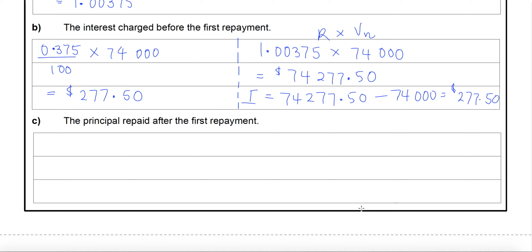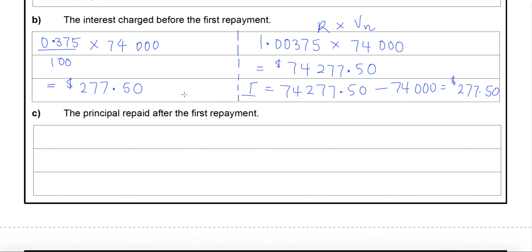So if we have a look at the principal repaid, this means how much have you paid off the loan? So we're going to use that phrase a fair bit, principal repaid. How much have you paid off the loan?